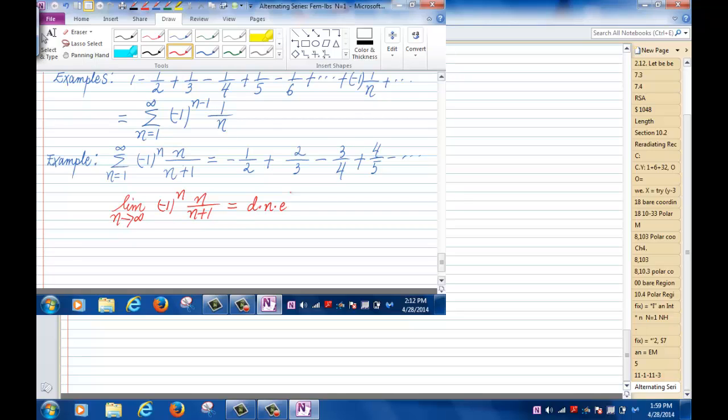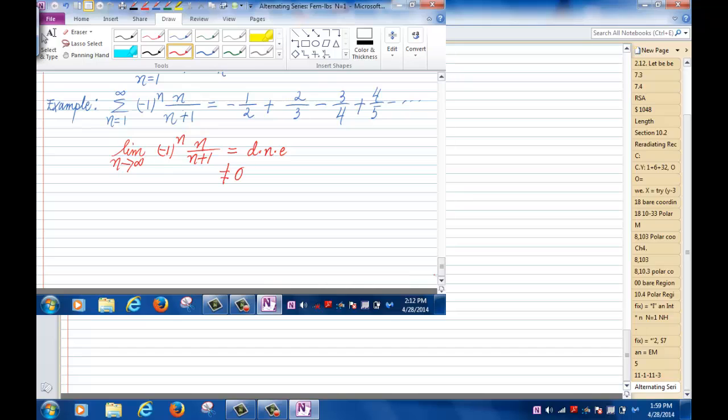That's what we care about: that this is not 0. And by the test for divergence, the series (-1)^n over n plus 1 is divergent.